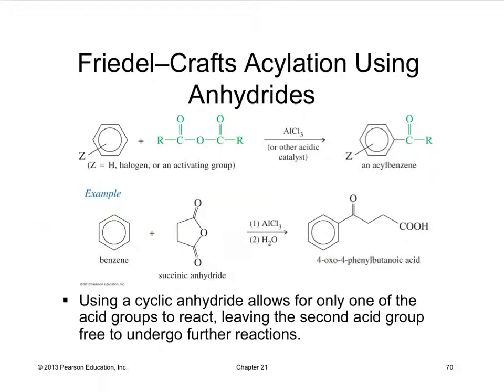Friedel-Crafts acylation using anhydrides, so anhydrides can be used and undergo Friedel-Crafts acylation using aluminum trichloride as the catalyst. And so here you'll have a cyclic anhydride. So cyclic anhydride allows for only one of the acid groups to react, leaving the second acid group free to undergo further reactions as shown here.